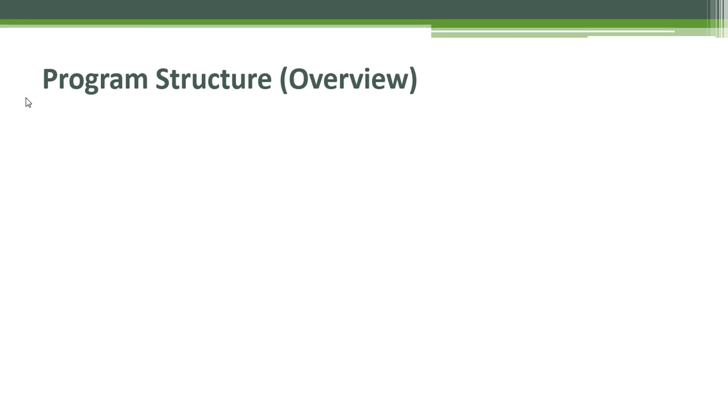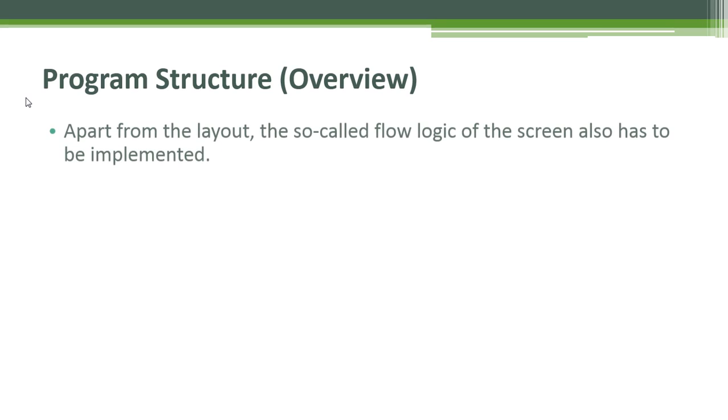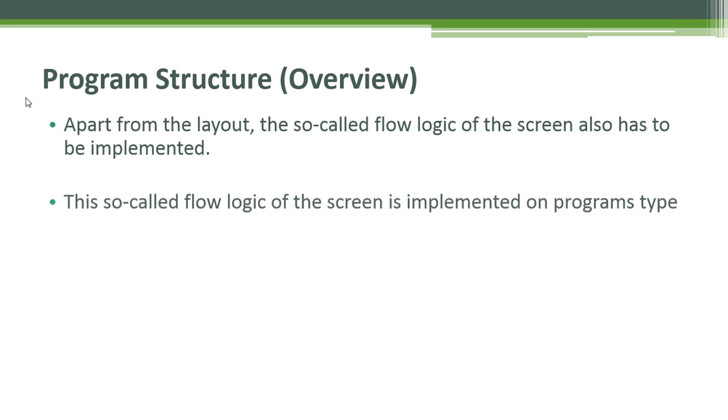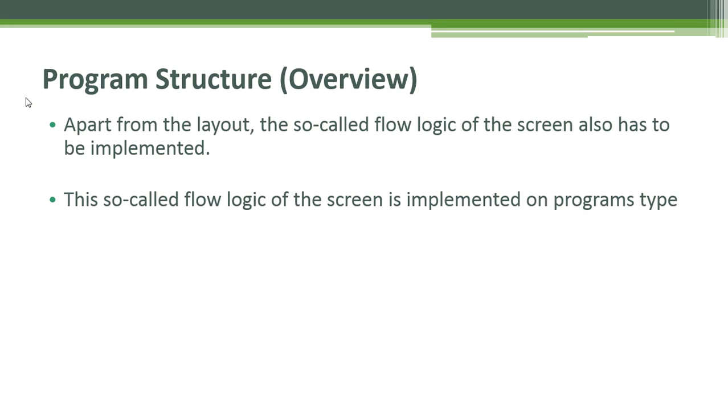Program structure overview. Apart from the layout, the so-called flow logic of a screen also has to be implemented. This so-called flow logic of the screen is implemented in programs of type module pool.